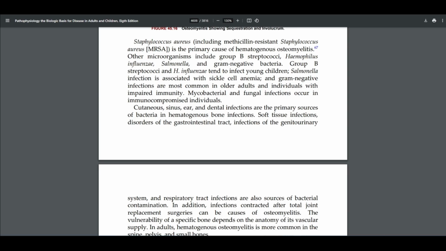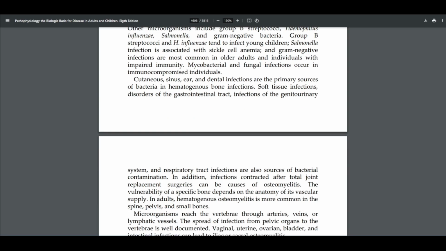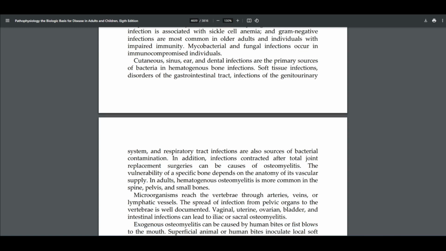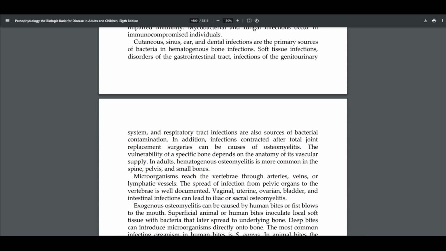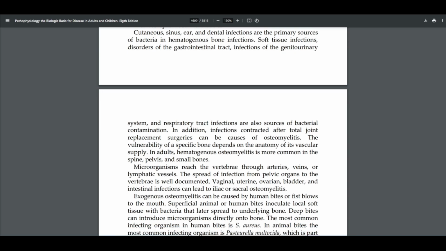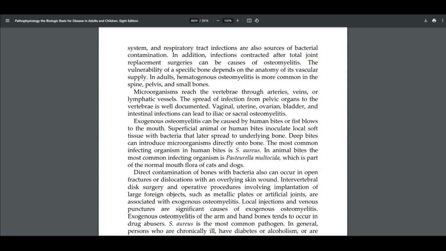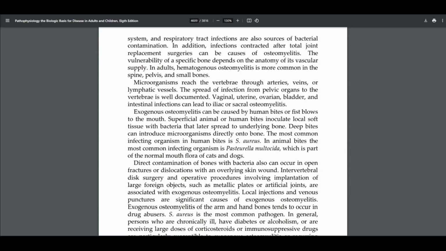Cutaneous, sinus, ear, and dental infections are the primary source of bacteria in hematogenous bone infections. Soft tissue infections, disorders of the gastrointestinal tract, infections of the genitourinary system, and respiratory tract infections are also sources of bacterial contamination.